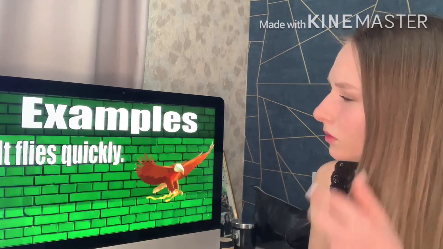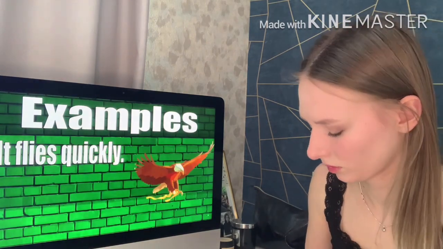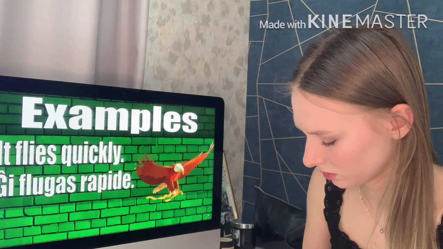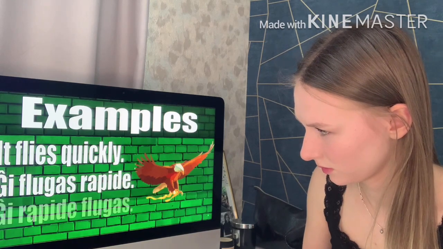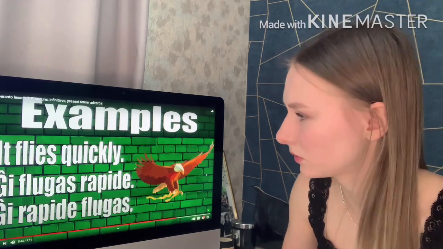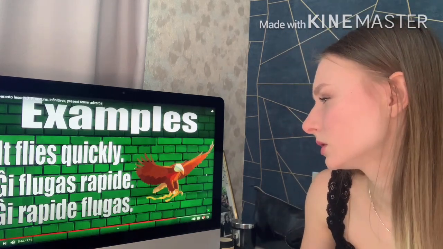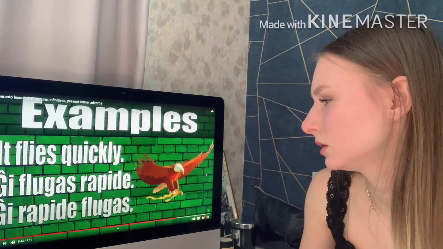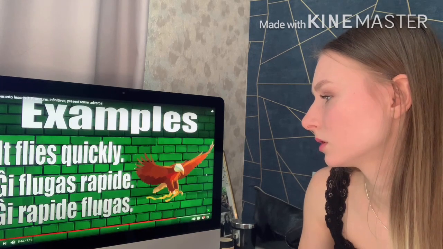Our first example with an adverb is it flies quickly. Ĝi flugas rapide, or you can say ĝi rapide flugas. Okay, it flies quickly. Ĝi flugas rapide or ĝi rapide flugas?